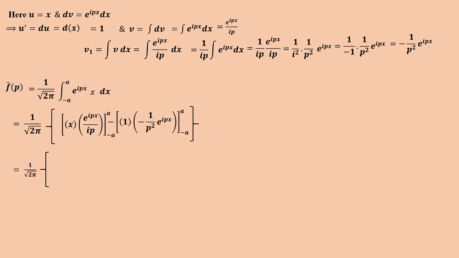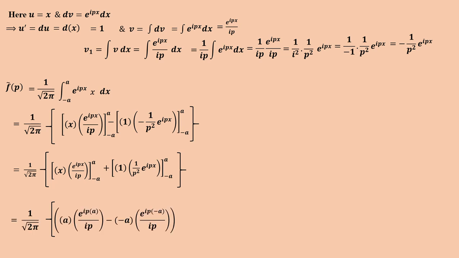Before substituting the limits, we are arranging the brackets: x e power i p x by ip from minus a to plus a. Taking that minus outside, minus into minus plus 1 by p square e power i p x from minus a to plus a. Now applying the upper and lower limits, 1 by root 2 pi.